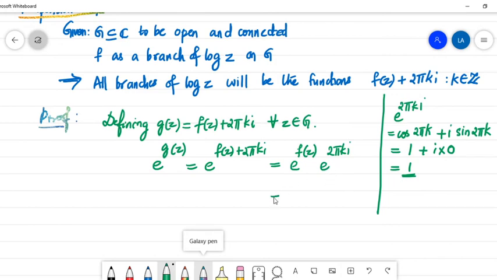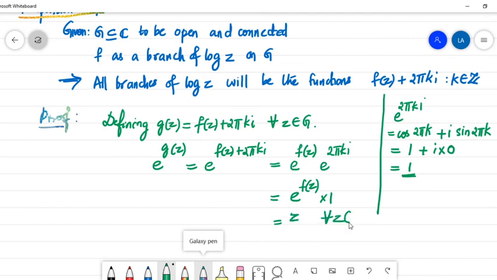So I can substitute that here and I get this to be equal to e raised to f of z into 1. But f is a branch of log z. We have assumed it. So f being a branch, we know that e raised to f of z will be z. So this is equal to z, right?